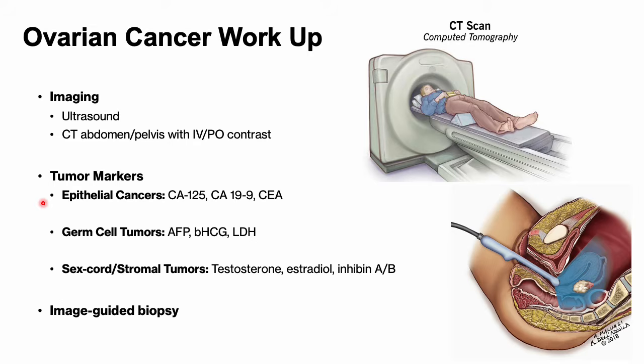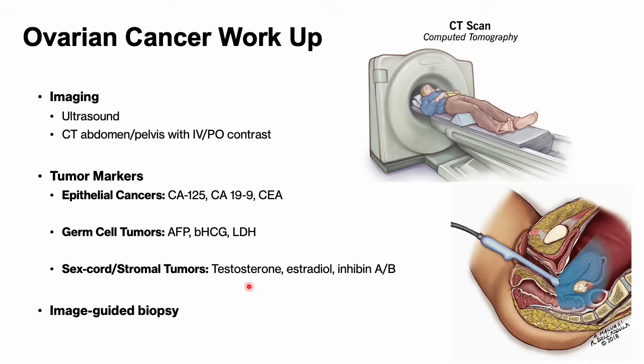They're not diagnostic though. The epithelial markers are CA125, CA19-9, and CEA. Germ cell tumor markers, AFP, beta-HCG, and then LDH. And then sex cord-stromal tumors are hormonal, so testosterone, estradiol, and inhibin A or B. Mostly B, we'll talk about it.